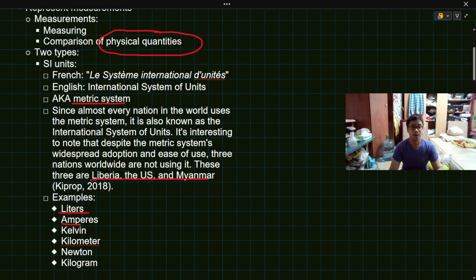Amperes: you will be learning this in physics too, because amperes are actually used in electricity, for the flow of, let's just say, they want to know the speed of the electric charge. So this one you will be learning in Physics 2. Here we have Kelvin. I think you have heard of this, but this is actually used for measuring temperature.